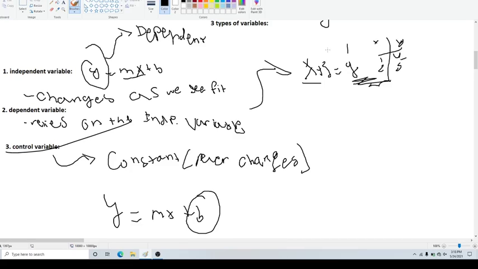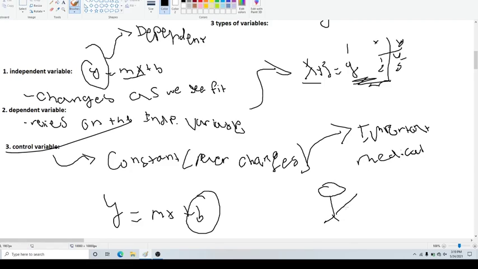And in fact, that's how a lot of experiments are done. This is very important, especially in medical trials. Think about it like this. Say there's a new medicine to help cure a sickness, and there are 3 people, and we're testing the side effects.